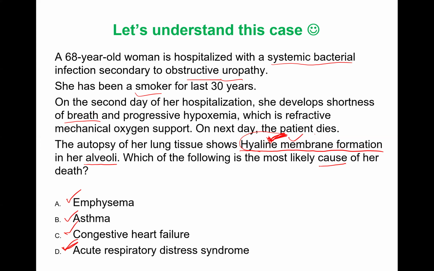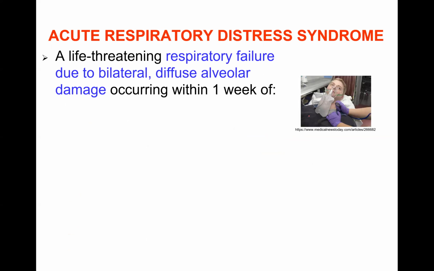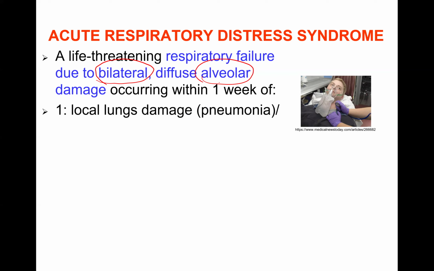So now let's go further to understand. What is ARDS? A life-threatening respiratory failure due to bilateral diffuse alveolar damage. Both lungs have alveolar damage occurring within 1 week of local lung damage.